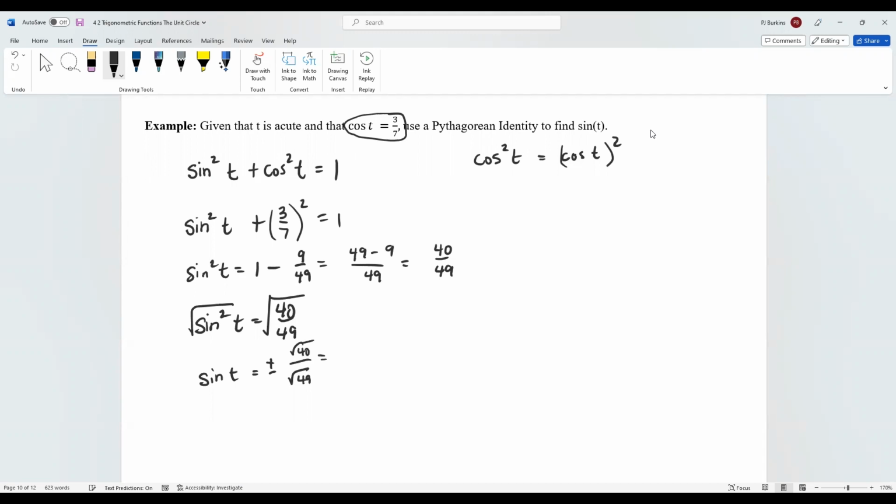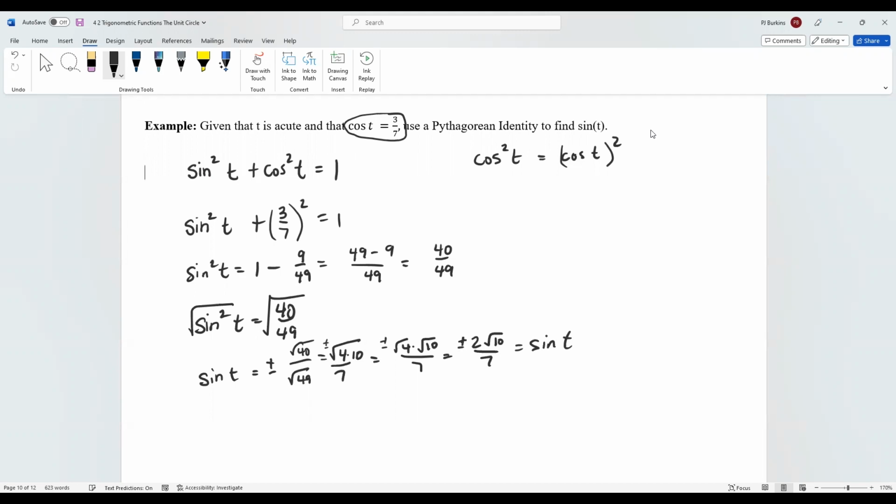I'll split it up that way because square root of 49 is just 7. And then 40, let's see what perfect square can we get to go in there. I guess 4 is our best chance at simplifying that. So this is square root of 4 times 10, or square root of 4 times square root of 10, or 2 root 10 over 7. Looks like what we get for sine of t. And there's still a plus or minus here.